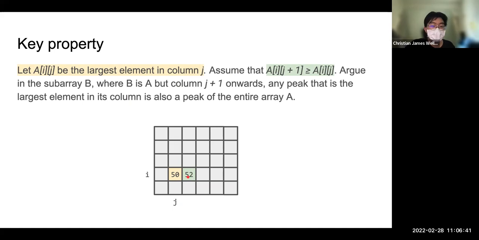So you argue that in this subarray where you found the taller neighbor, any peak that is the largest element in the column is also a peak in the entire array. So in this subarray, if you found a peak that is also the largest element in the column, it must be a peak in the entire array.